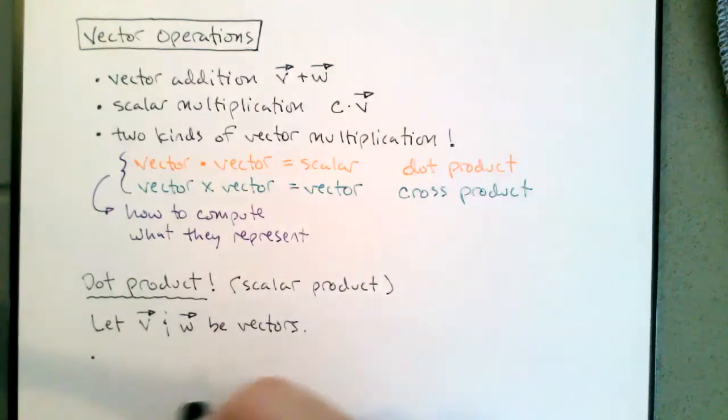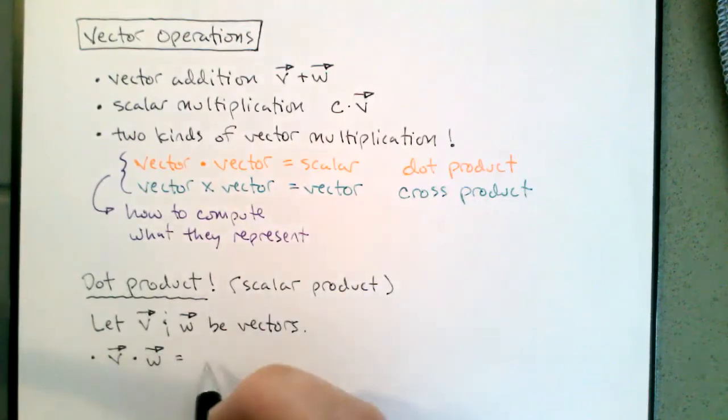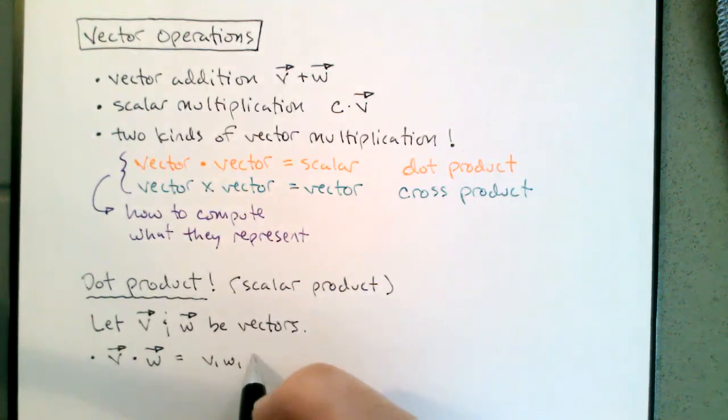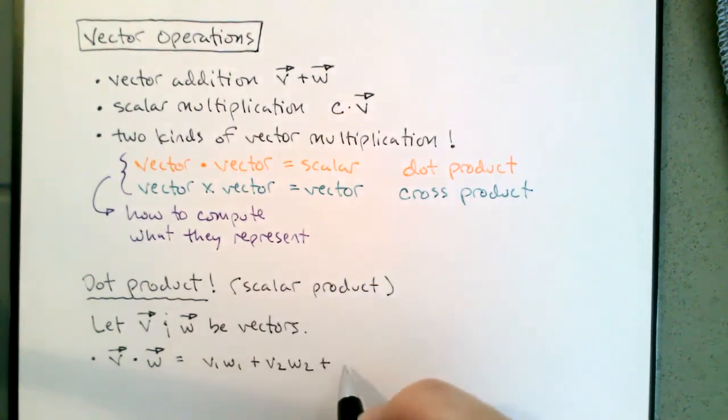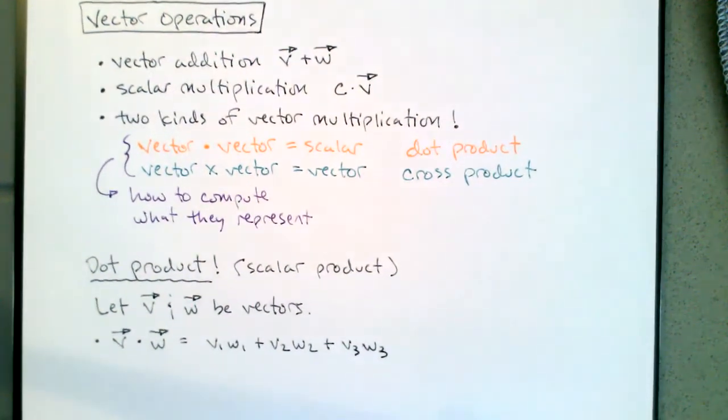One way to define the dot product is to say that V dot W is the scalar V1 W1 plus V2 W2 plus, I'm going to stop at 3, where V1, V2, and V3 are the components of V, and W1, W2, and W3 are components of W.